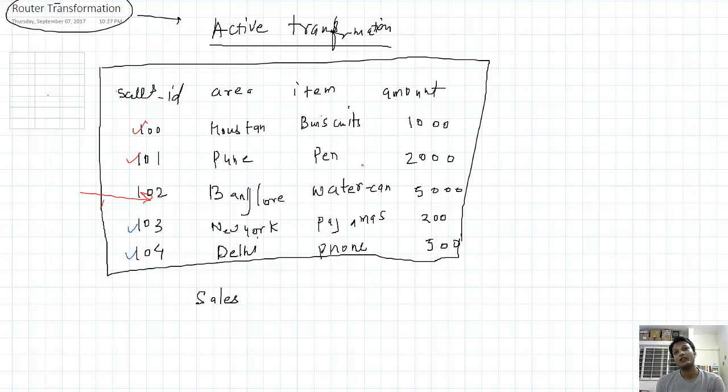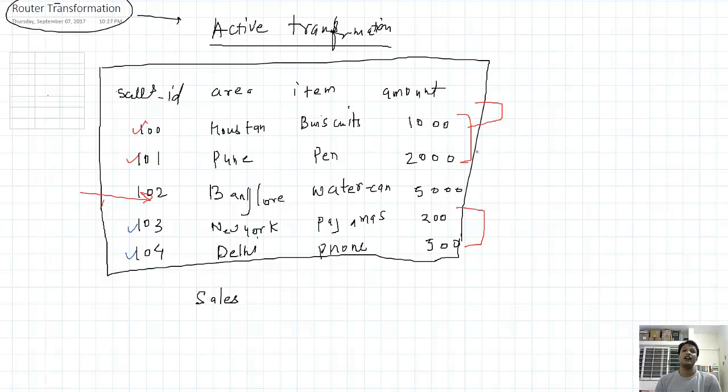How will we write SQL queries corresponding to this? Select star from sales where amount less than 1000. That would be the first result. Second result is select star from sales where amount is less than or equal to 5000. So it will give these two results to us.